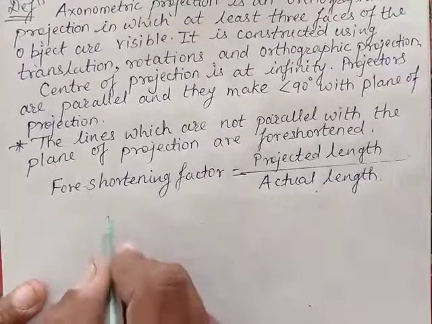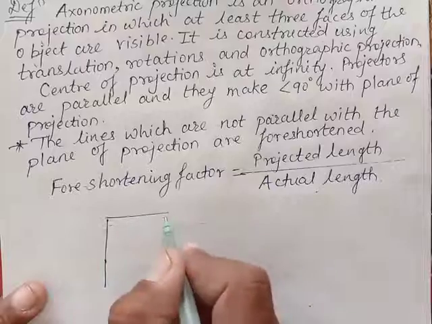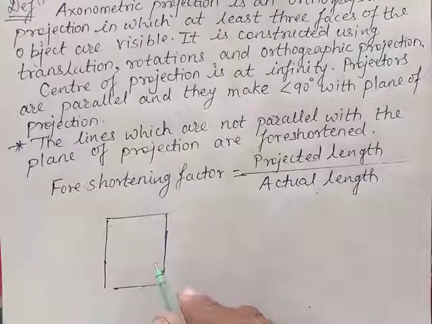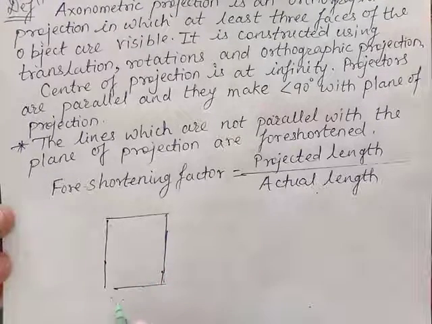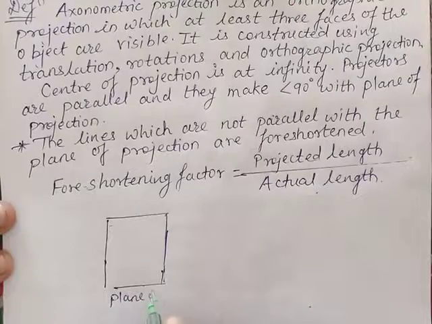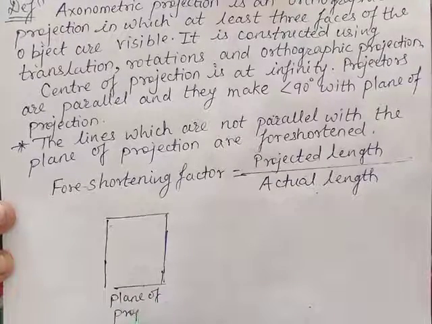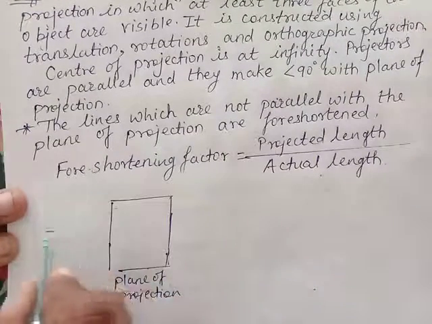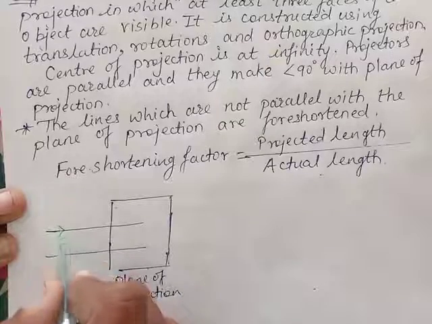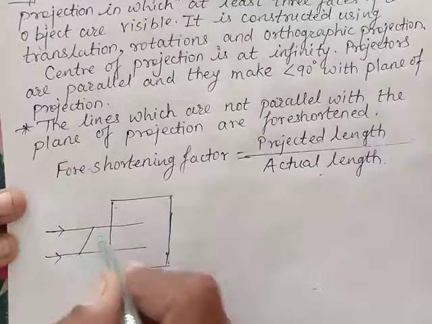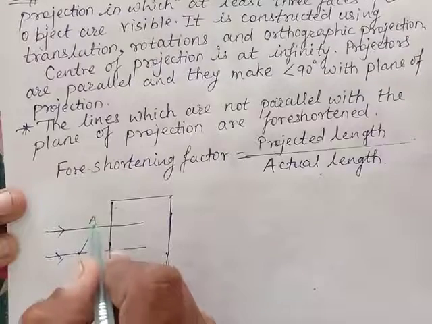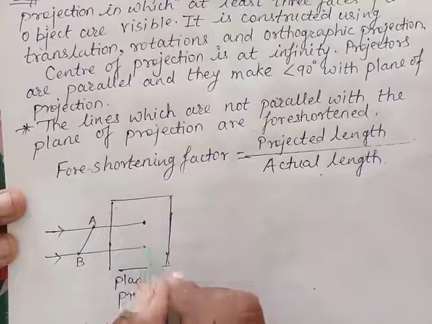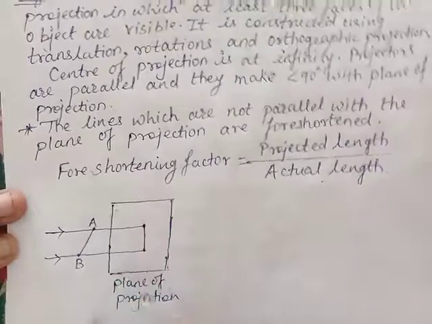Let me explain it diagrammatically. Suppose this is our plane of projection. Here, suppose these are projectors. This is our line segment AB that we have to project on this plane. It will be projected as such, because this is a two-dimensional plane, right?